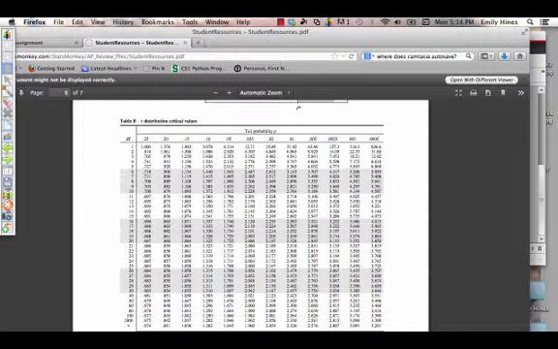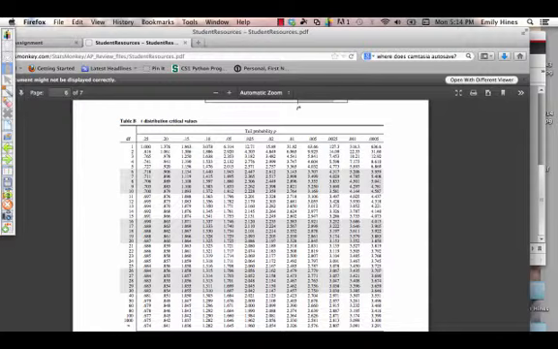Since our sample size was 12, our degrees of freedom is 11. So it's got to be on this row, and the closest thing on this row to 2.57 would probably be this 2.718. It's between this and this. Which means if I scroll up, my p-value is going to be somewhere between 0.02 and 0.01. That's how Table B works.